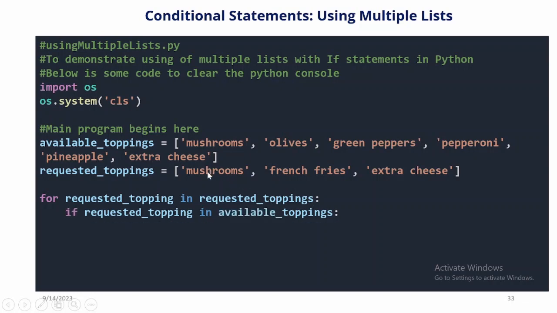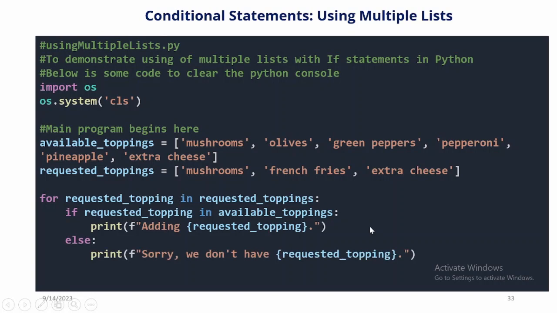So for everything in this list one by one, we are going to go through it and search for it in this available toppings list. So we say if requested topping is in available toppings list, then add it. We are adding requested topping. Otherwise, sorry, we don't have the requested topping.